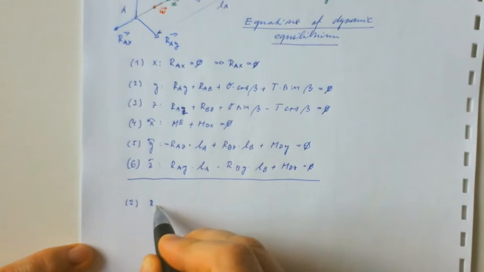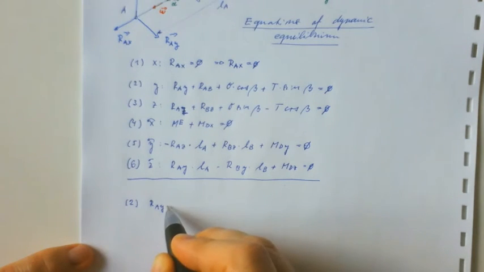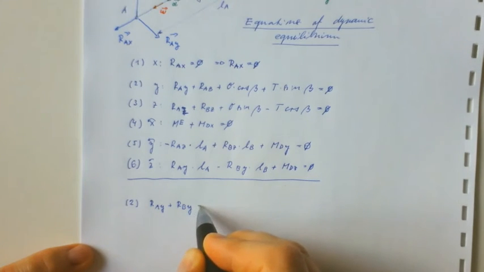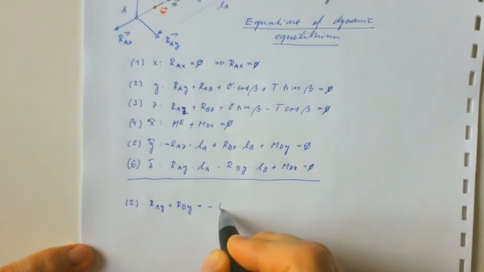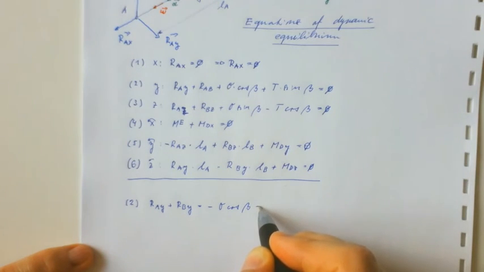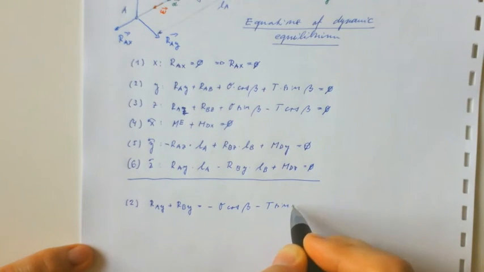So we can write that Ray plus Rby is equal to minus O cosine beta minus T sine beta.